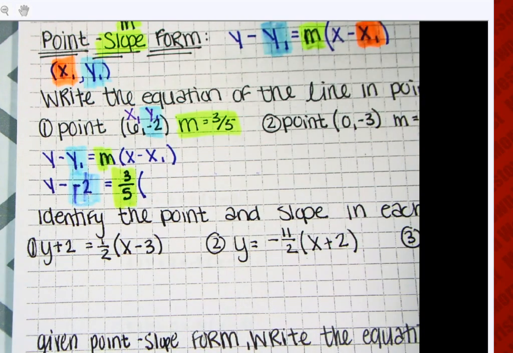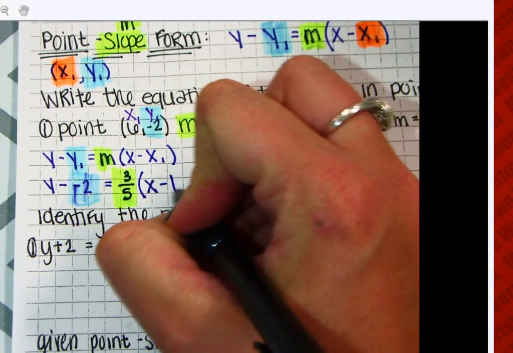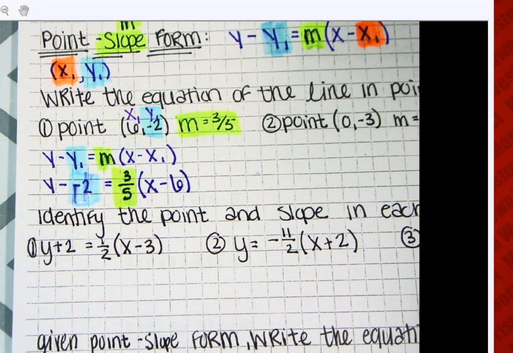What is the inside of my parentheses going to look like? X minus x1. So what am I going to substitute? When I substitute, what does it look like? X minus 6. Good job. Okay. X minus 6.